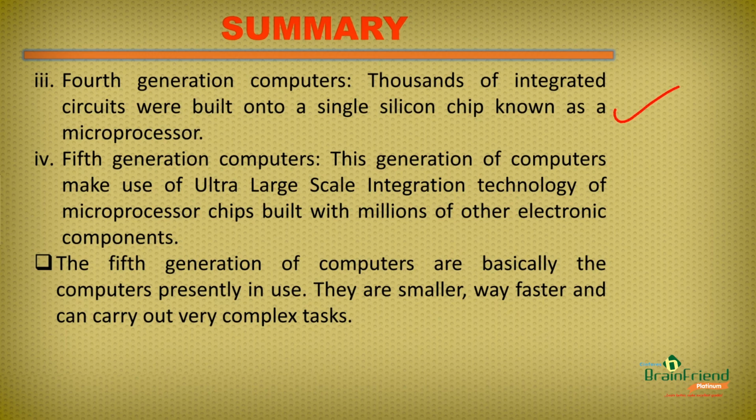Fifth generation of computers. This generation of computers make use of ultra large scale integration technology of microprocessor chips built with millions of other electronic components. And finally, the fifth generation of computers are basically the computers presently in use. They are smaller, way faster, and can carry out very complex tasks.